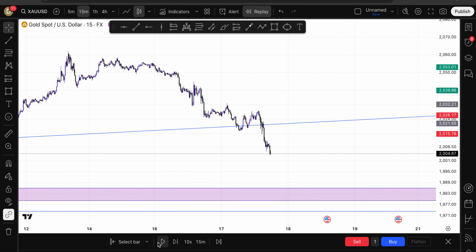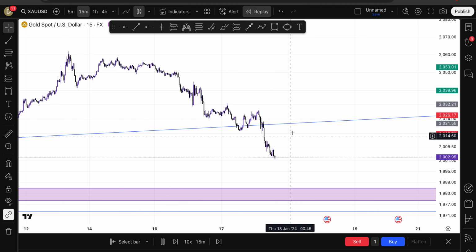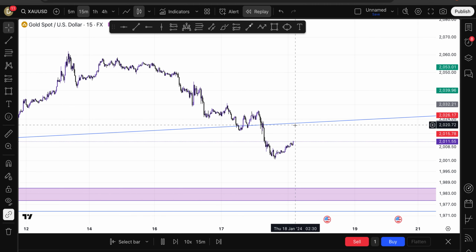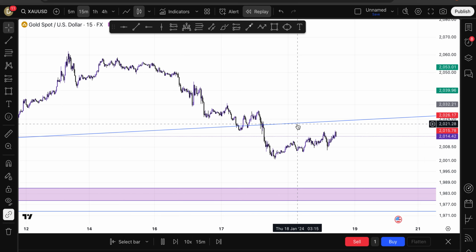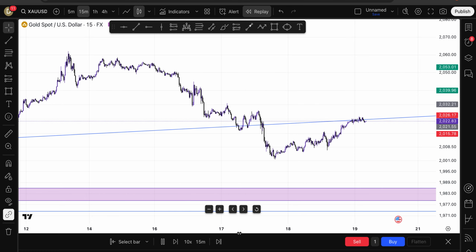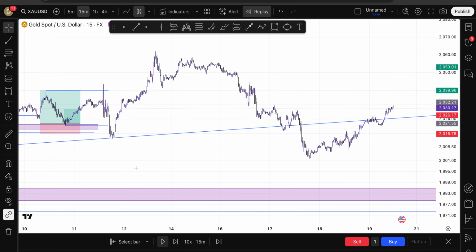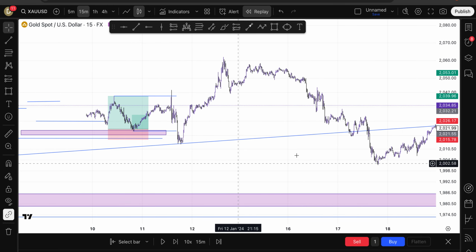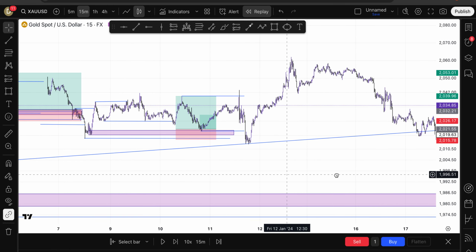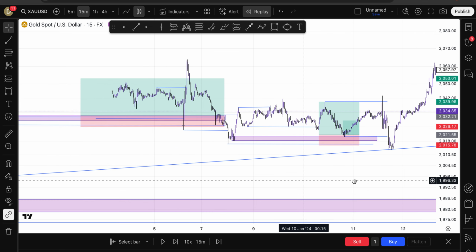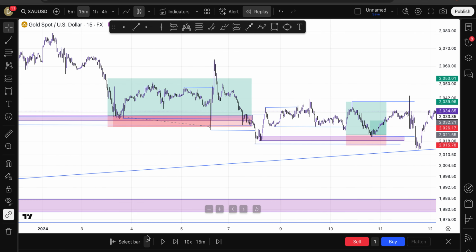Let's know if this will go up a bit. If it gets here, that means it's a valid structural liquidity. Okay, it has become a valid structural liquidity to me. So let me check this structural liquidity map out on the 4 hours, if it's very clear on the 15 minutes.